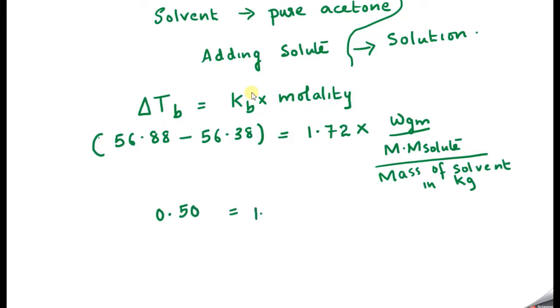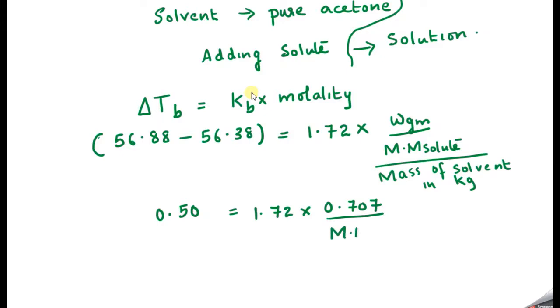is equal to 1.72 into weight in gram of the solute. What will be the weight in gram of the solute? They are given in the question 0.707, and the molecular weight of the solute is what you need to find out.